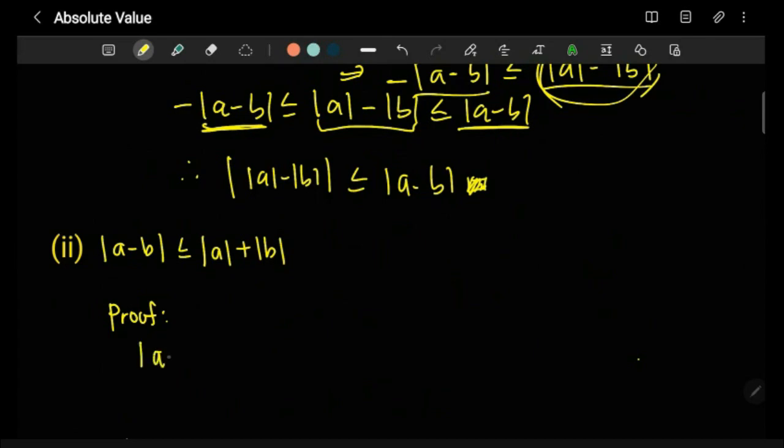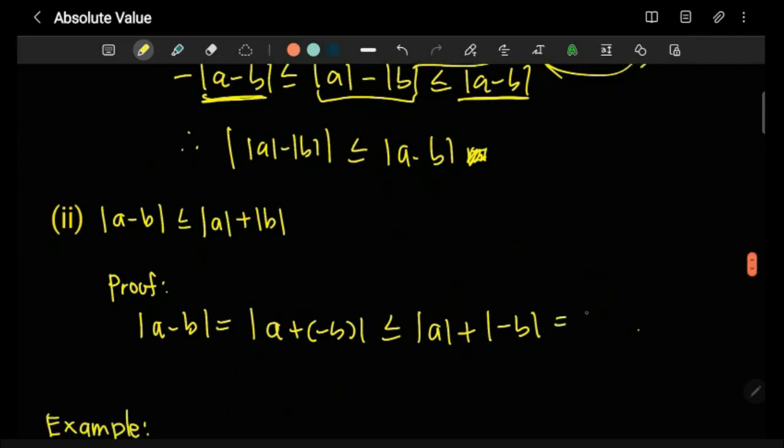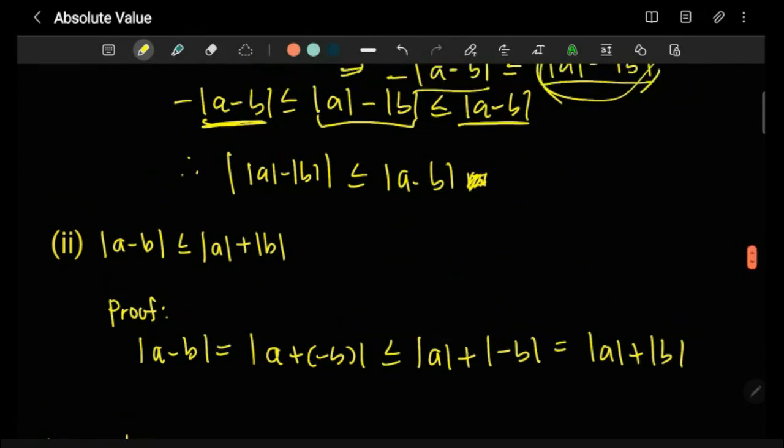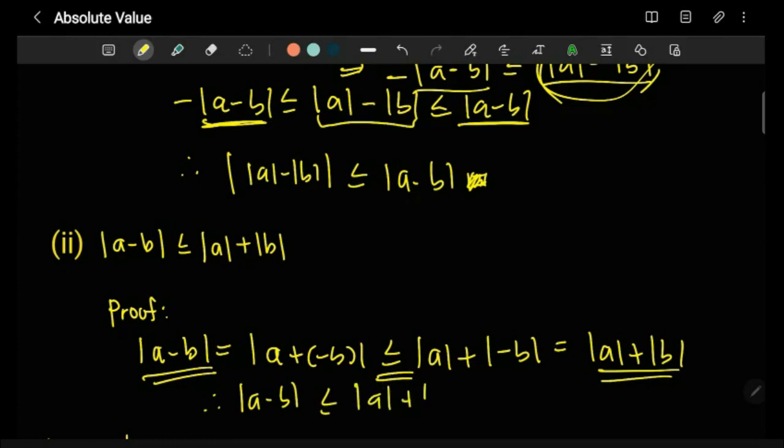Lalagay mo lang, A minus B is equal to, by definition of A minus B, A plus the negative of B. But by triangle inequality, this is less than or equal to absolute value of A plus absolute value of negative B. Again, absolute value of negative B is the same as absolute value of B. So this one is less than or equal to this one. Therefore, absolute value of A minus B is less than or equal to absolute value of A plus absolute value of B.